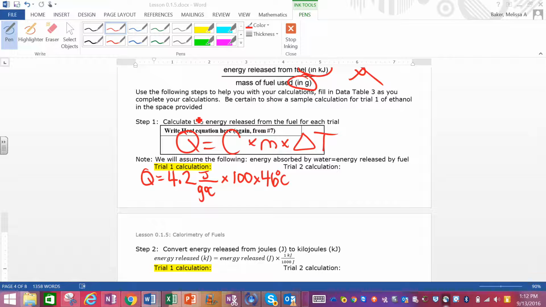So when I punch that into my calculator, I get 19,320 joules. That's how much energy the fuel gave to the water.